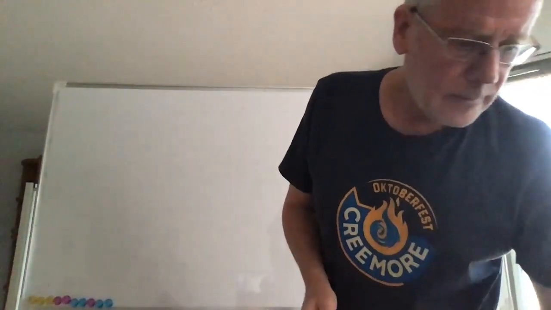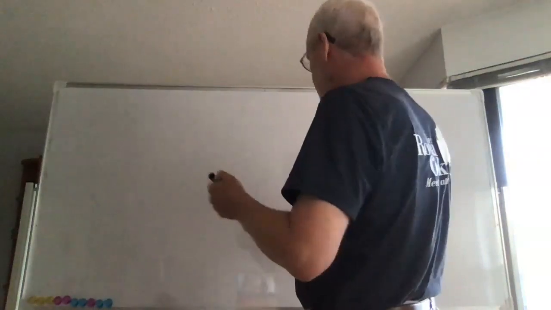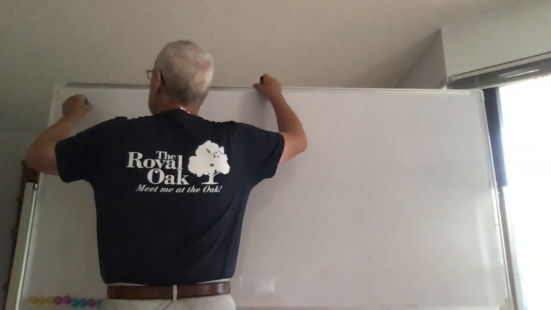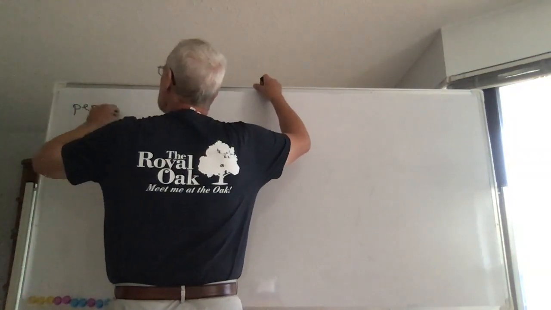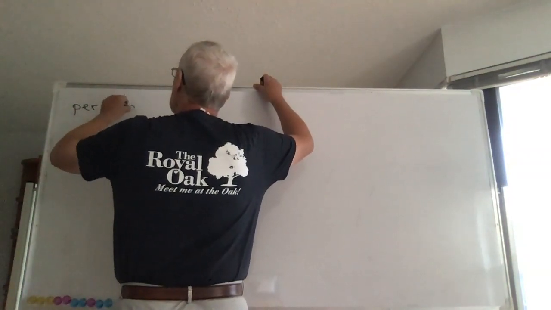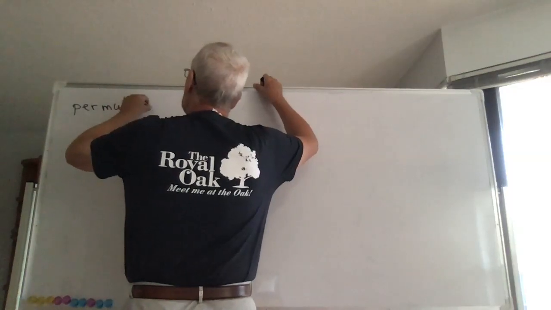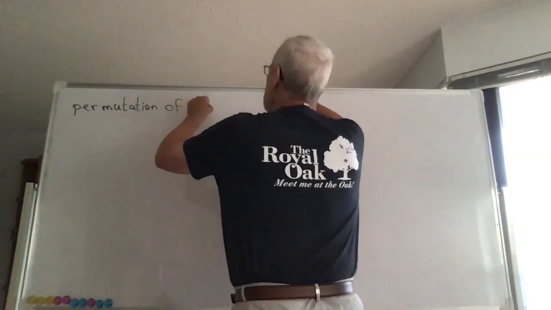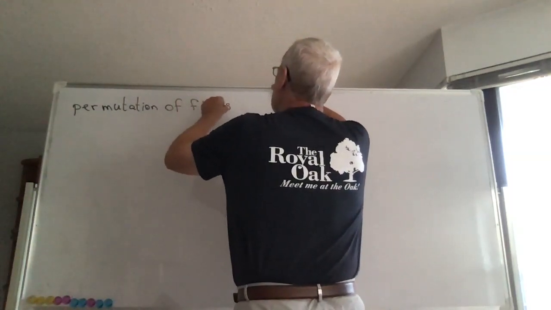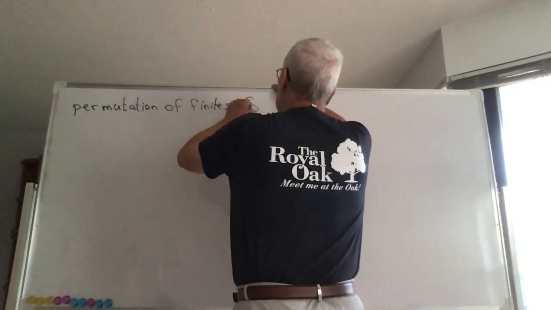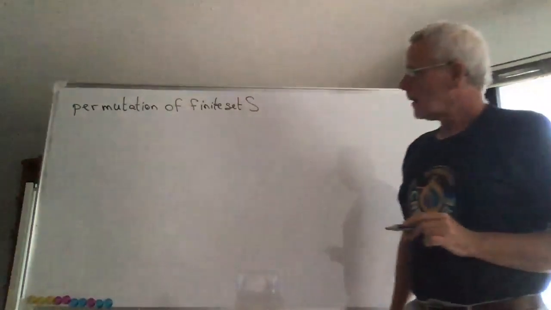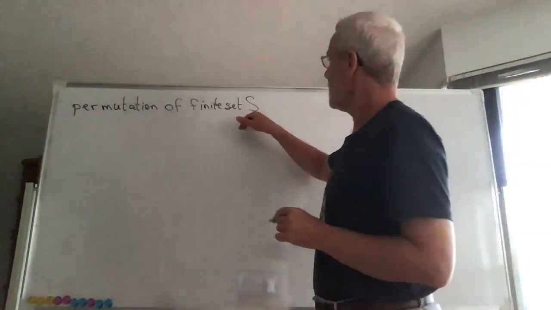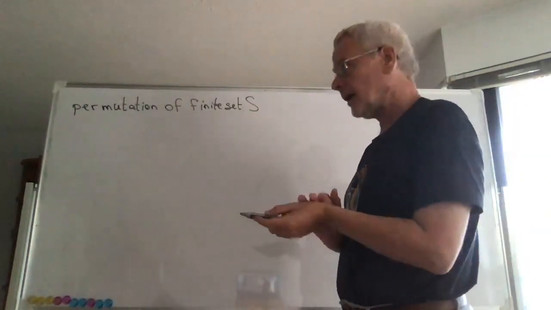The next topic that we need is the notion of a permutation of a finite set. This is an ordered sequence in which you see every element of S exactly once.